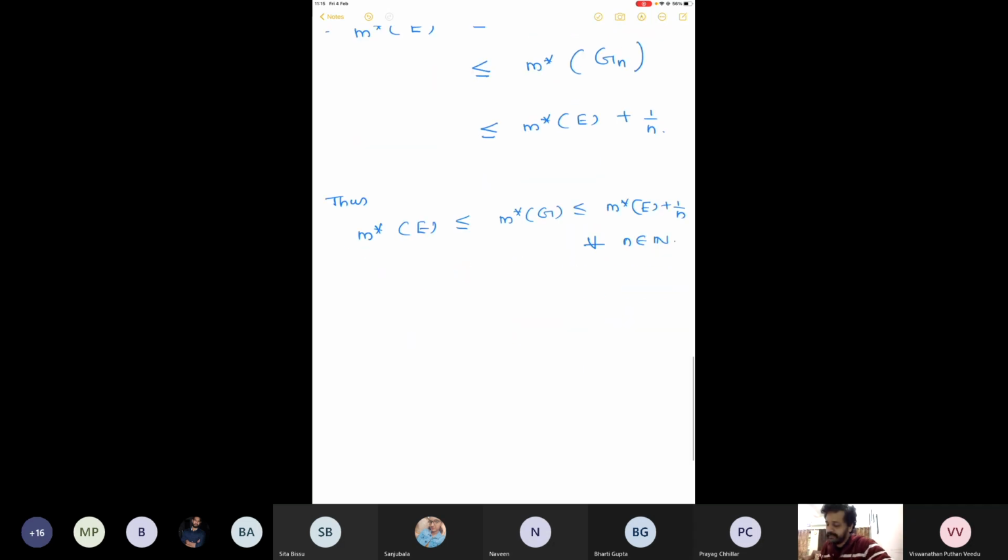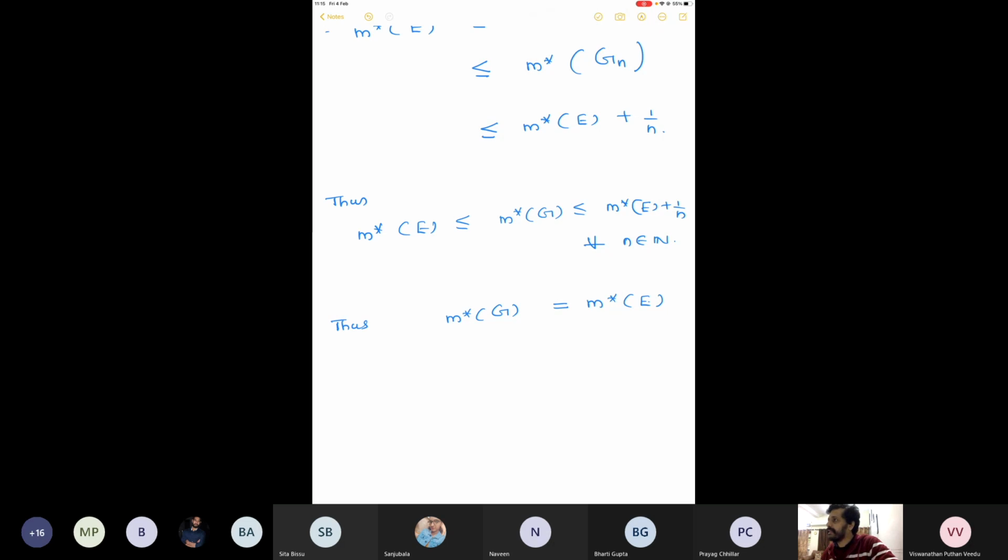And this should tell you that thus M star of G is equal to M star of E. So given any set E, you could find a G delta set obtained by taking intersection of open sets.